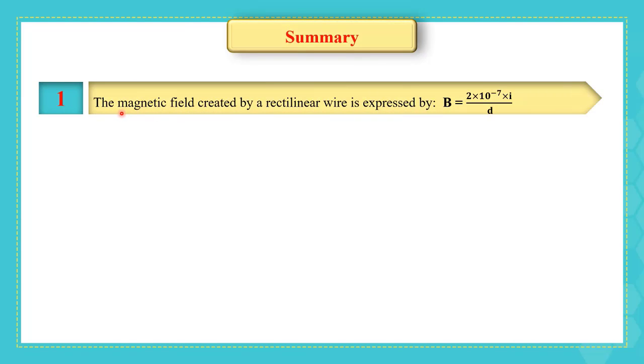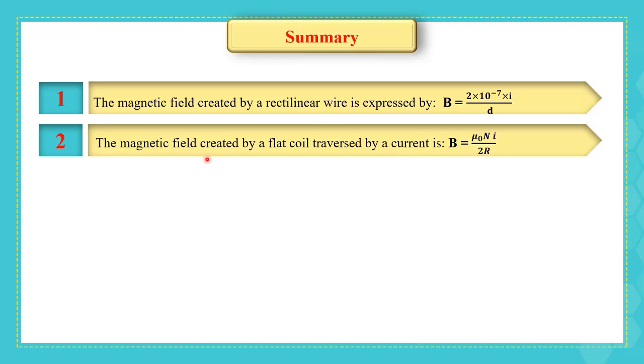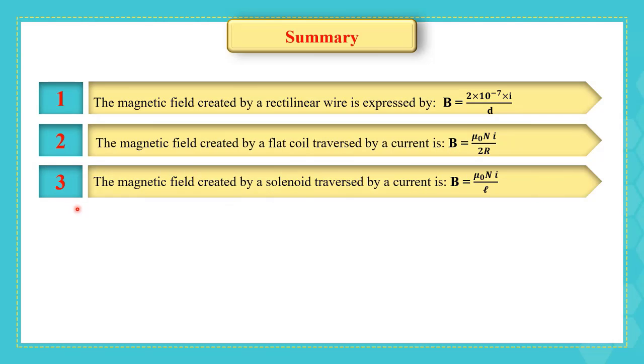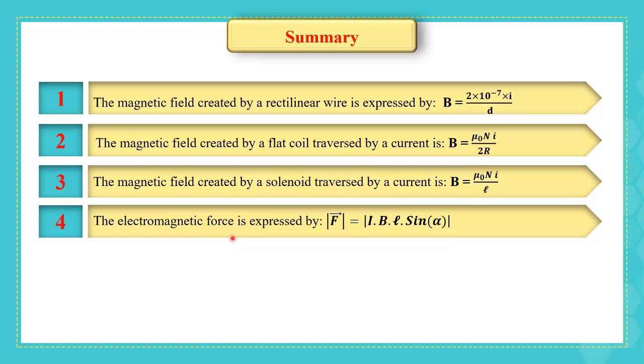Now let's remember that the magnitude of the magnetic field created by a rectilinear wire is expressed by B equal 2 times 10 to the power minus 7 I over d, and the magnitude of the field created by a flat coil traversed by a current is B equal mu 0 N I over 2R, and that of the magnetic field created by a solenoid traversed by current I is B equal mu 0 N I over L. And the electromagnetic force or Laplace's force is expressed by F equal I B L sine alpha.